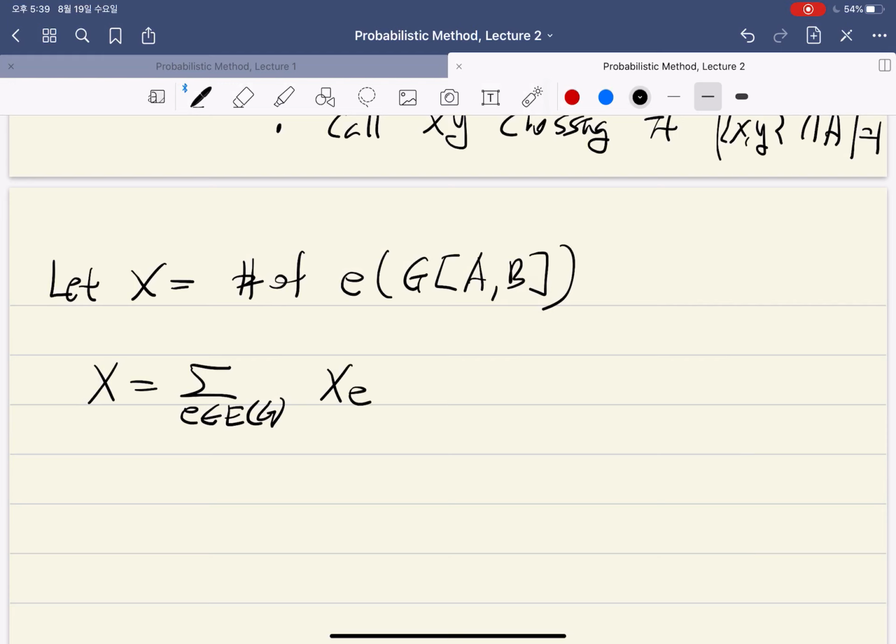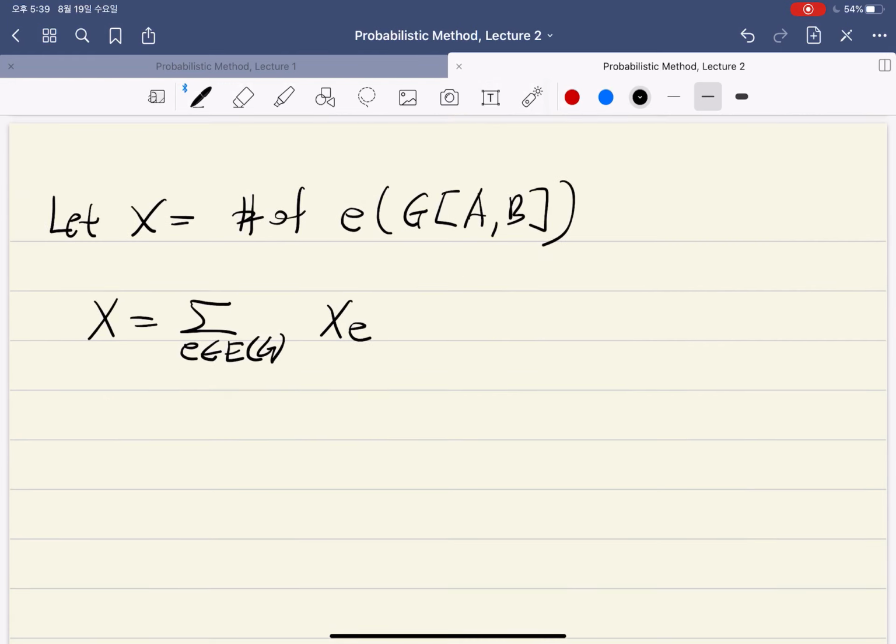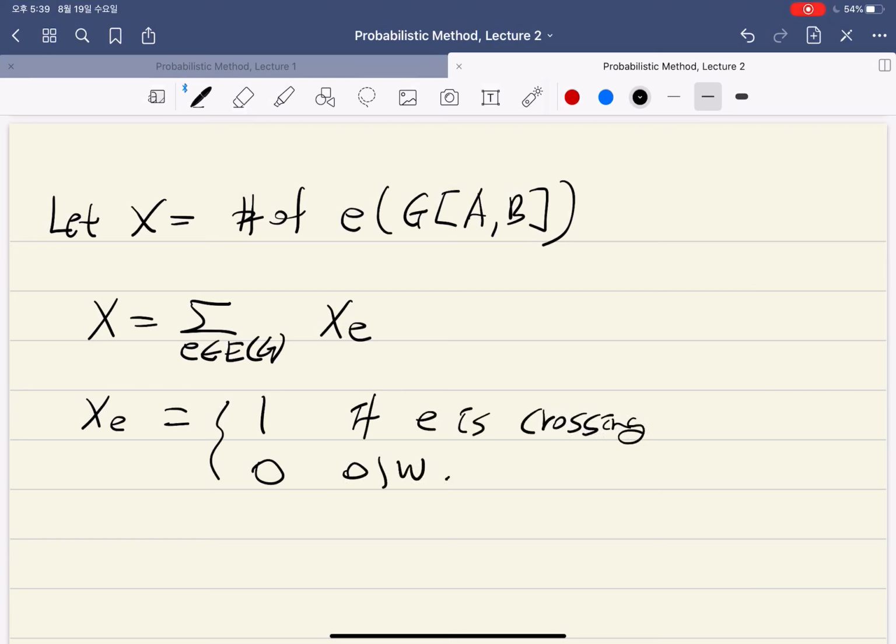indicator random variables, where XE is 1 or 0. If E is crossing, it is 1. Otherwise, it is 0.